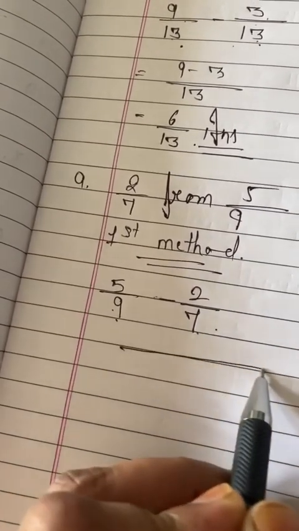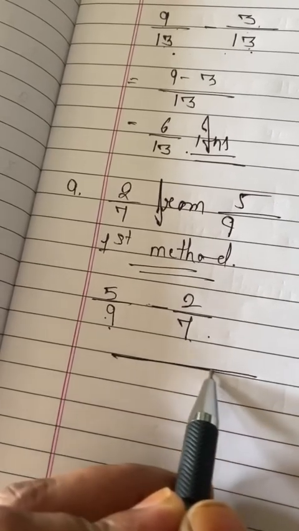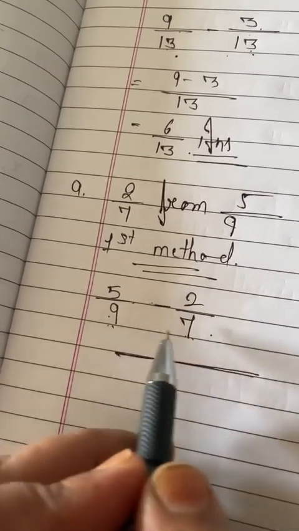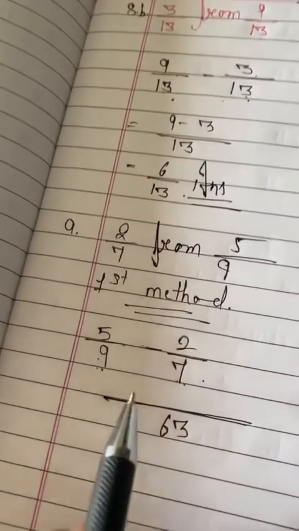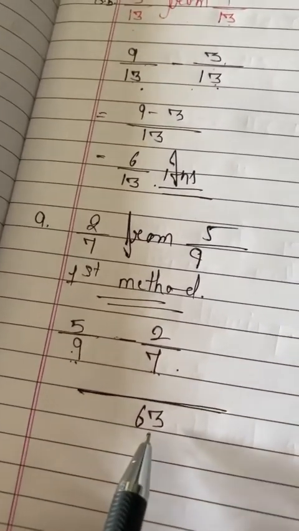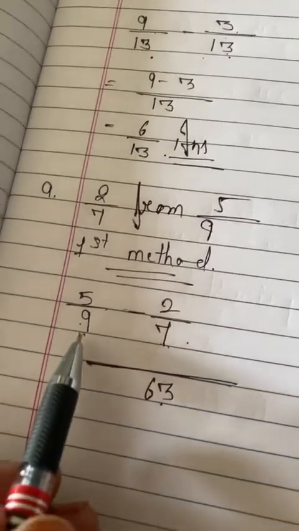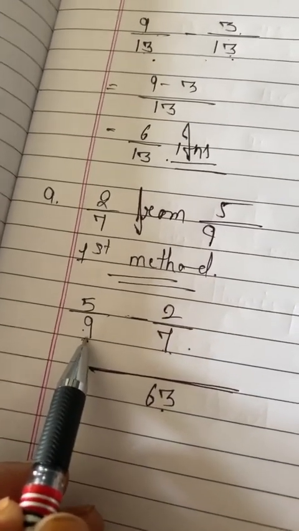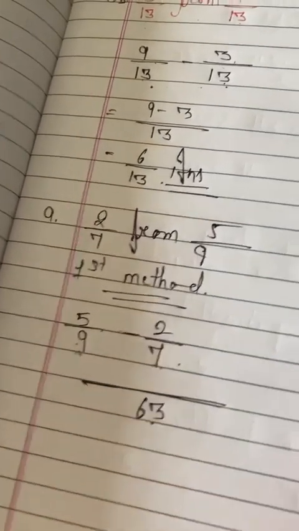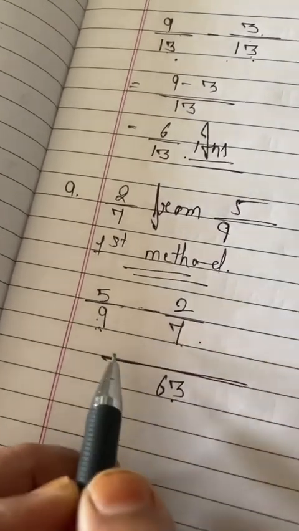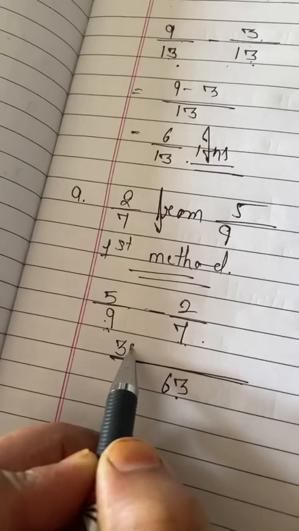As you can see, both the numbers are prime here, so we will multiply 9 times 7, which is 63. Then what is our next step? We will divide this 63 by the denominator 9. So what is our answer? 7. Then we will multiply 5 with 7, that is 35 here.